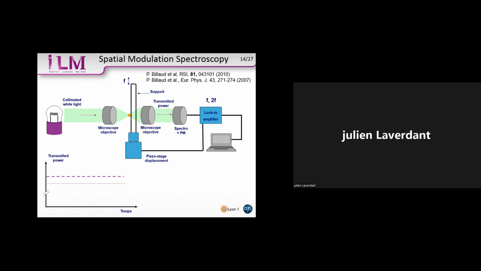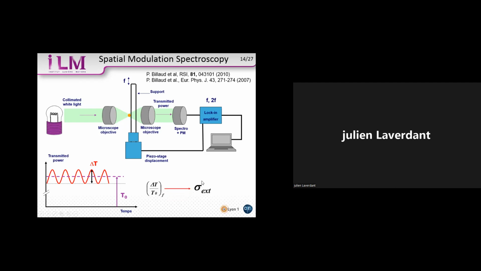So the sample is moving, and you have the particle going outside and inside. Each time it does this, the transmission signal oscillates from a maximum when the particle is outside the beam to a minimum intensity when the particle is inside the beam, because the light is absorbed. What is interesting in this experiment is that you have this modulation of the transmitted power compared to the average.